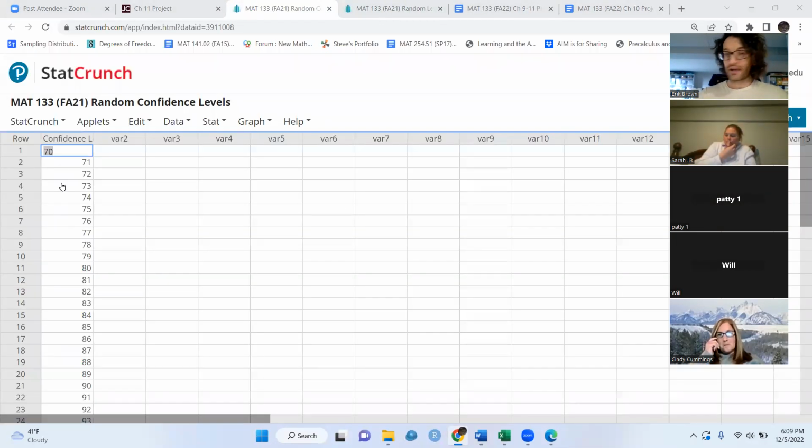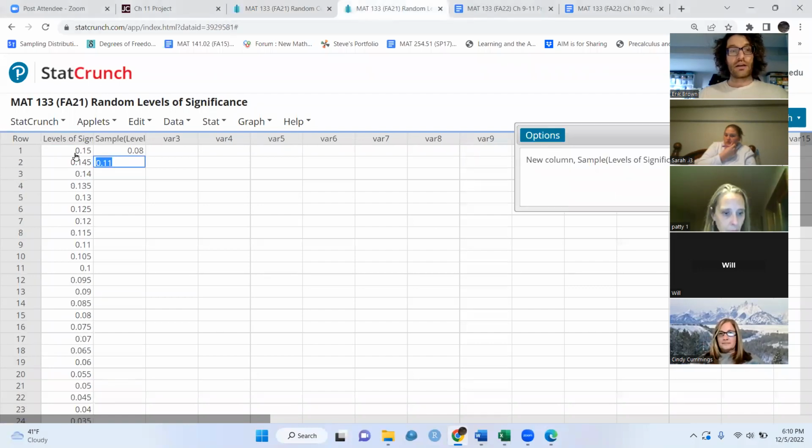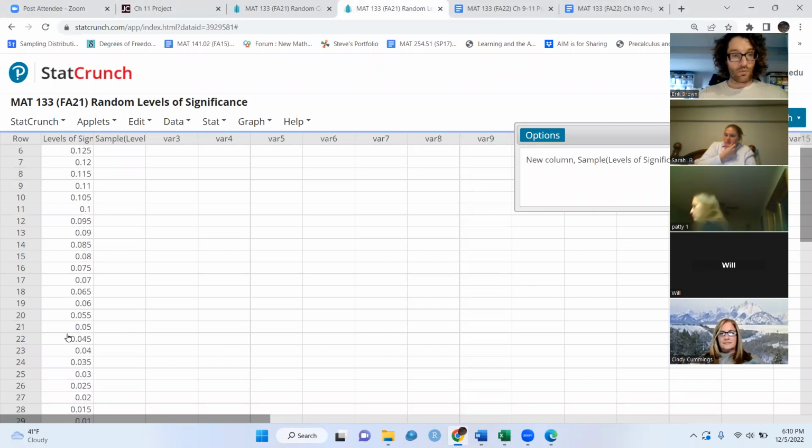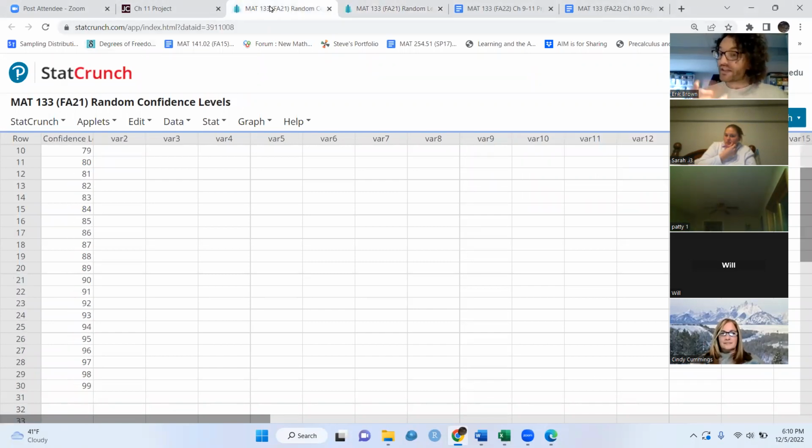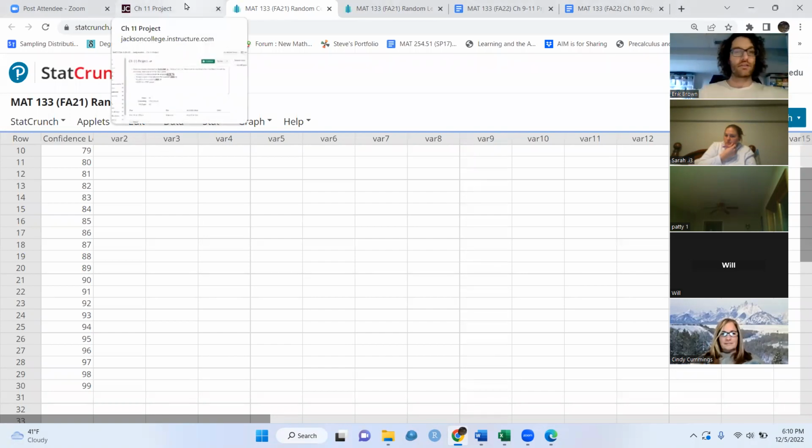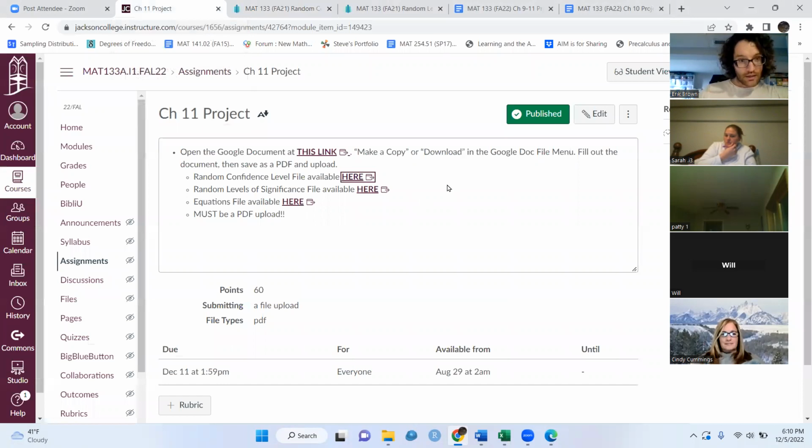They're all larger, right? Notice they're 70 to 99, whereas these alphas are 0.01 up to 0.15. Which should make sense to you, right? Because remember, C levels are the higher percentages, and the alphas are the smaller ones. And the one minus each of them gets the other. So you're doing that. There's another equations file. You don't need to re-click it if you've already downloaded the one.